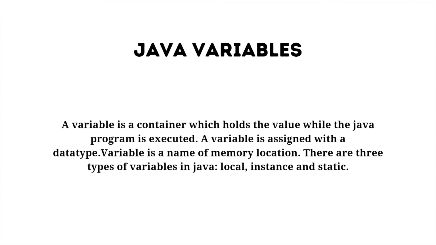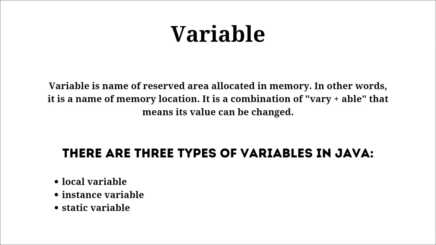So, you can understand with this example: a variable is a container, or you can think of it as a bucket in which we can hold our data or our value or anything. After that, a variable is the name of a reserved area, as previously discussed, which is located in memory.